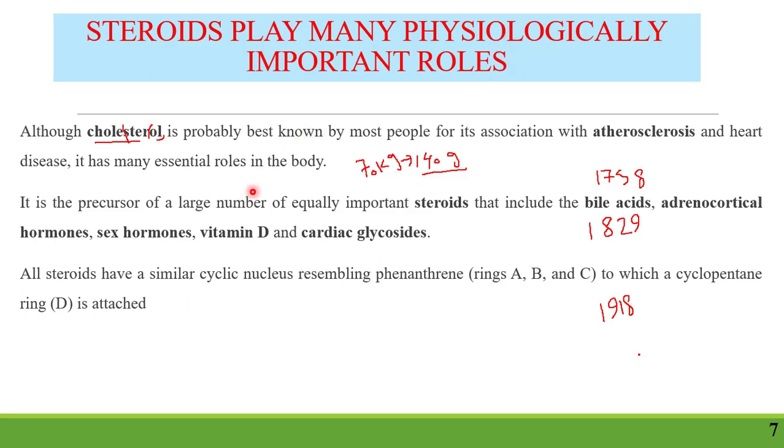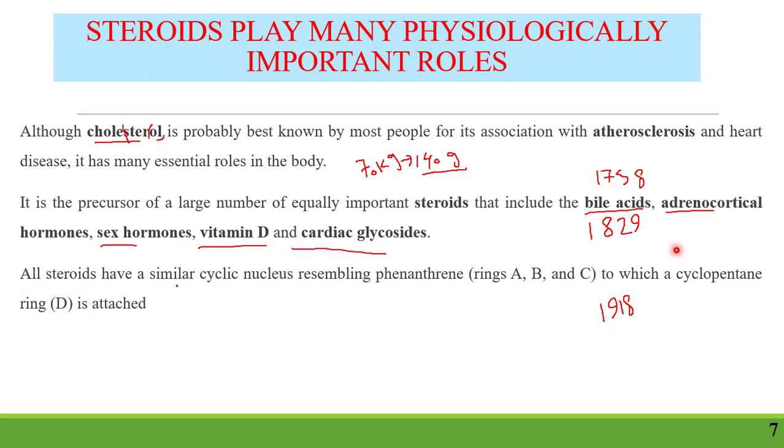As I mentioned, cholesterol is a precursor of a large number of important steroids such as the bile acids and other steroid hormones, sex hormones, vitamin D, and cardiac glycosides.